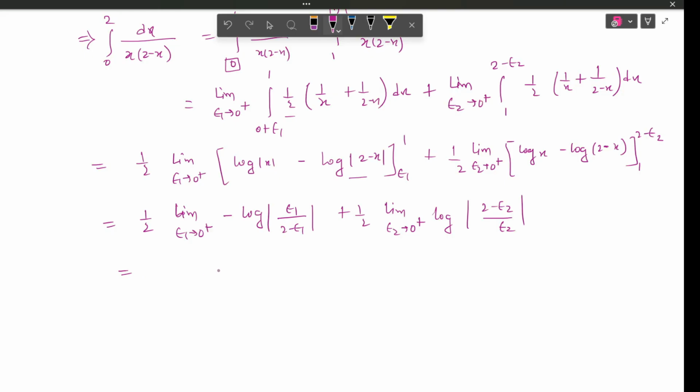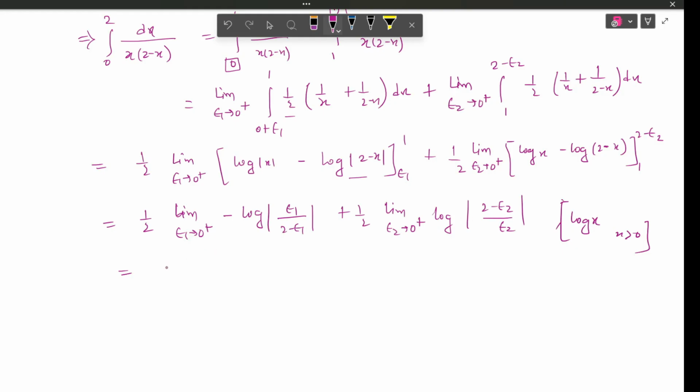So we can see that this, if you put 0 here, log of 0 is not defined, because we know for log of x to be defined, x should be greater than 0. But if you put 0 plus, log of 0 here will also be log of infinity, and log of infinity is also not defined.